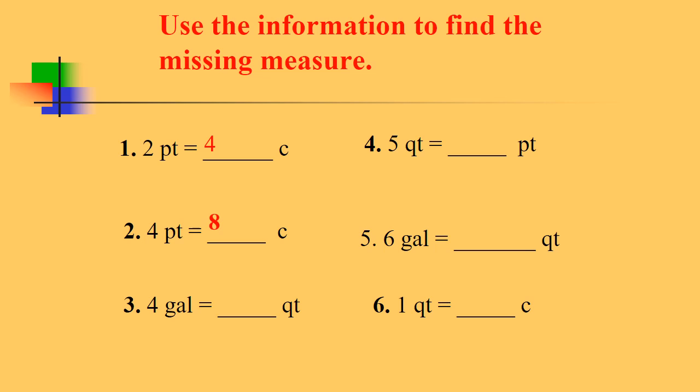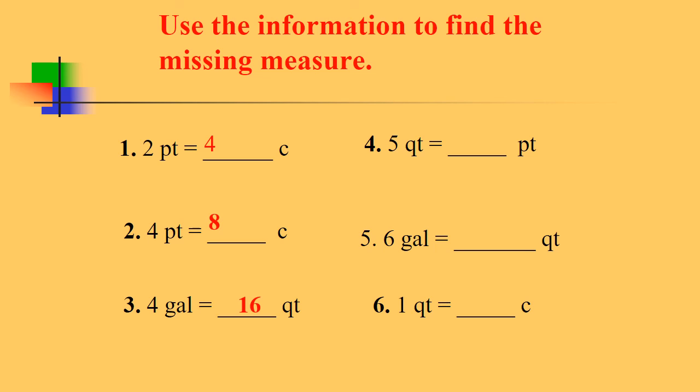Number 3, we have 4 gallons and we go into quarts. So remember that 4 quarts equal a gallon. So we're going from larger to smaller. So we said 4 times 4 equals 16. Number 4, 5 pints equal quarts.